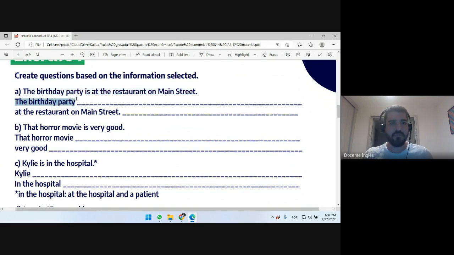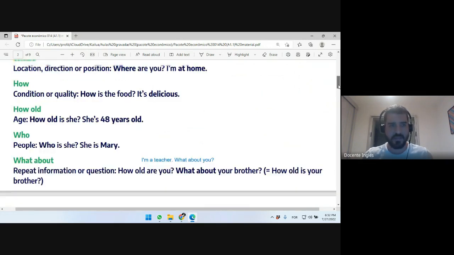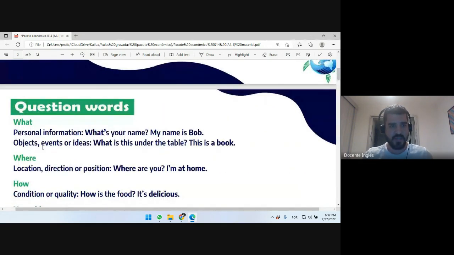The birthday party. The birthday party is an event. It's in this category here, event. And the question word we use for events, what?